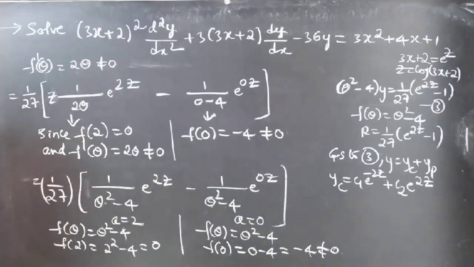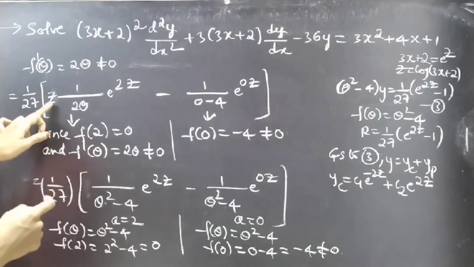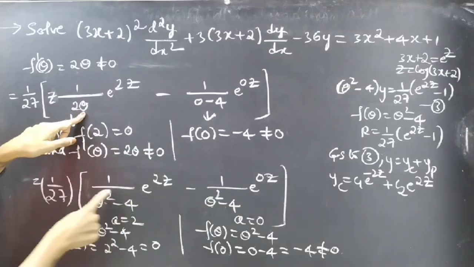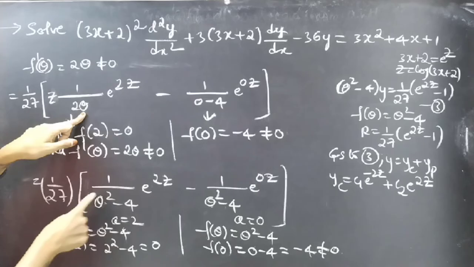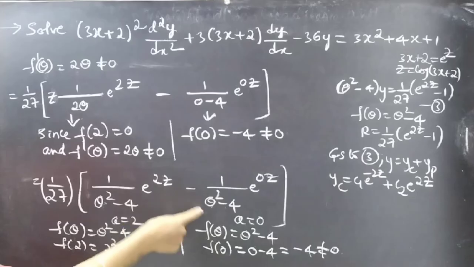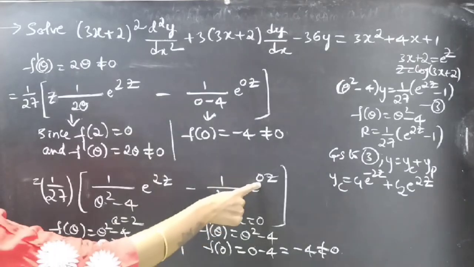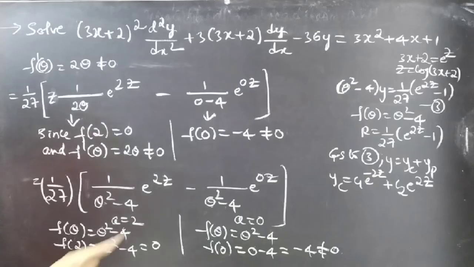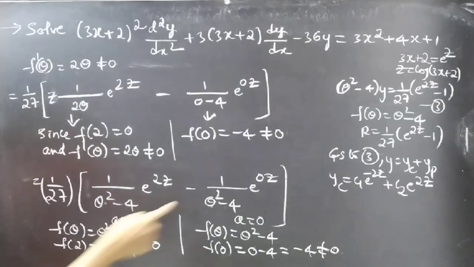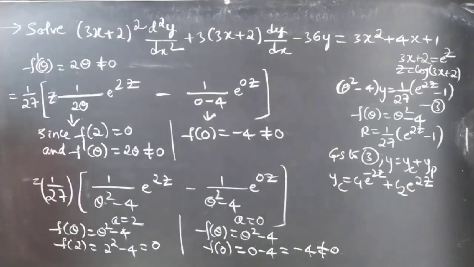Then in the next step, we'll write 1z into 1 by the derivative of f of theta, which is 2 theta, into e power 2z. But in the second term, if we substitute theta equal to 0, we'll get minus 4, which is non-zero, so you don't get any undefined term in the second term.